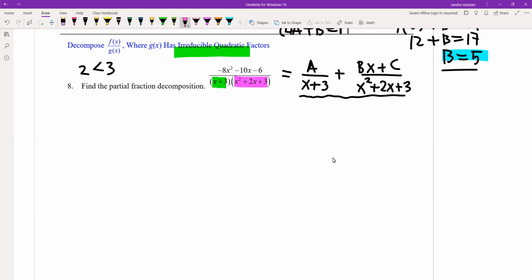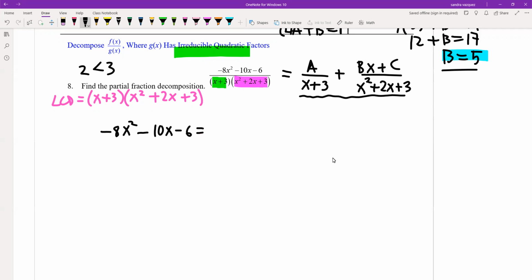Okay, you needed to have multiplied by the LCD, and your LCD was x plus 3 times x squared plus 2x plus 3. But when you multiply the fraction on the left side, then you only have your numerator, negative 8x squared minus 10x minus 6.